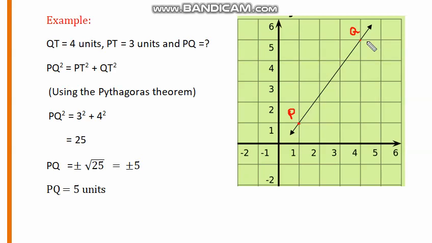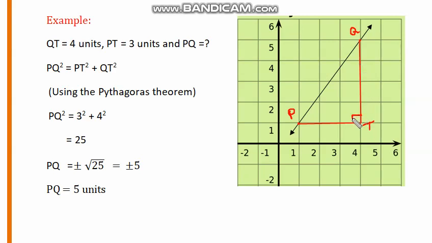So for that purpose only, first we are going to make a right angle triangle by using these 2 points P and Q. At the same time, the intersecting point, name it as T. So now we formed a right angle triangle.